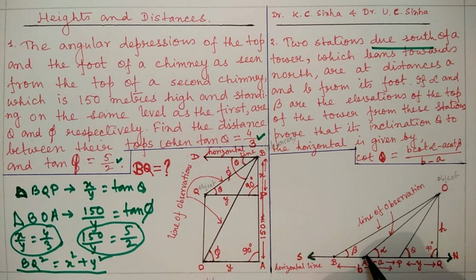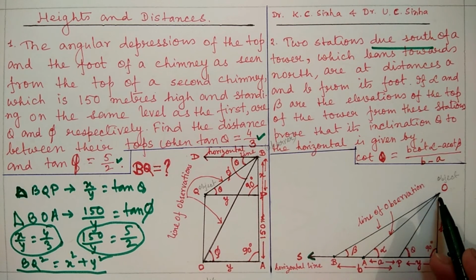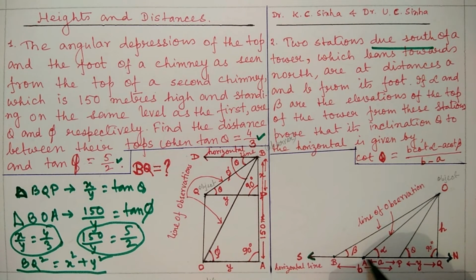So OA is the line of observation, and this is the horizontal line. So the alpha angle will be OAQ. OAQ will be the angle of elevation in this case, so this angle will be alpha.